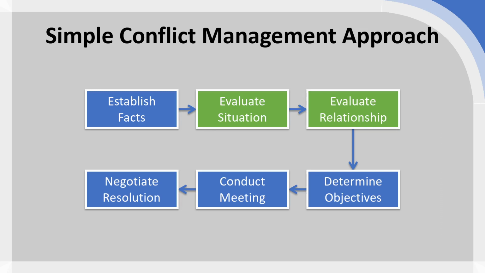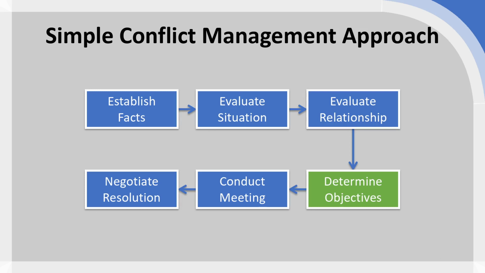Once you have evaluated this, then that should lead quite naturally to having set objectives for your side of the dispute. So whether you're representing the procurer or the supplier, the objectives that you have going into trying to resolve the conflict should be based on these three prior items.